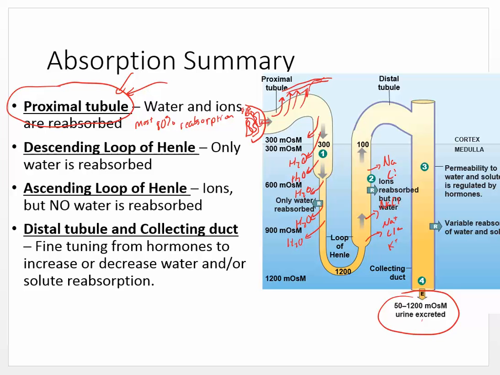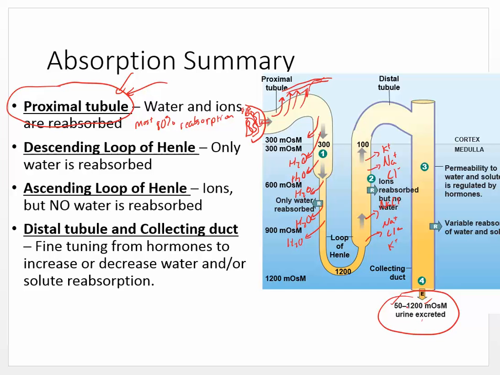Usually we think of water being able to go wherever it wants to, and that's true in most cells, but in the renal tubules, that's not the way it is. They have tight junctions that don't permit water. That way they can control urine concentration, because otherwise if water just moved out, we would not be able to. And we can control that concentration anywhere from 50 milliosmolars, which is just a measure of how concentrated something is, to the high number, which is 1200, which is very concentrated.